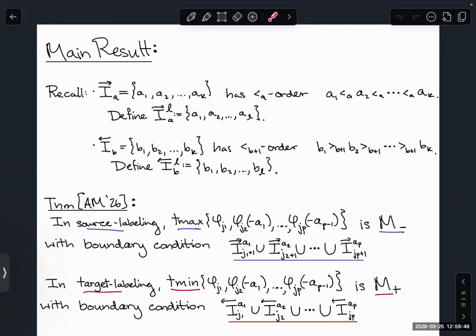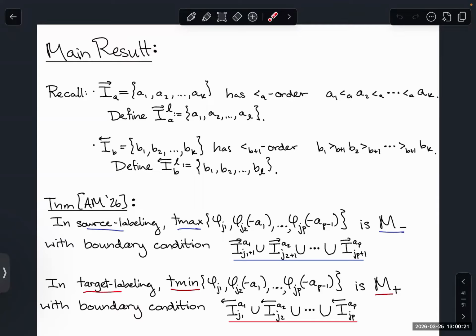So the last thing that we want to do is remind ourselves that the ath Grassmann necklace comes naturally with this A order. We can order all of the entries from the smallest to greatest, and we define a truncated Grassmann necklace to be just the L A-least entries of this Grassmann necklace.